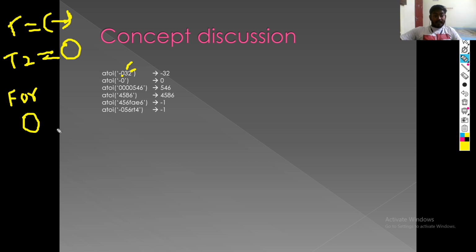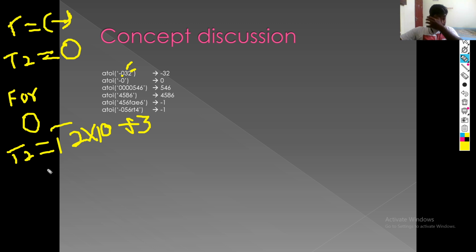After that, if we get 3, we have to compute t2 equals t2 into 10 plus 3. What is t2? 0 into 10 is 0, plus 3 is equal to 3.